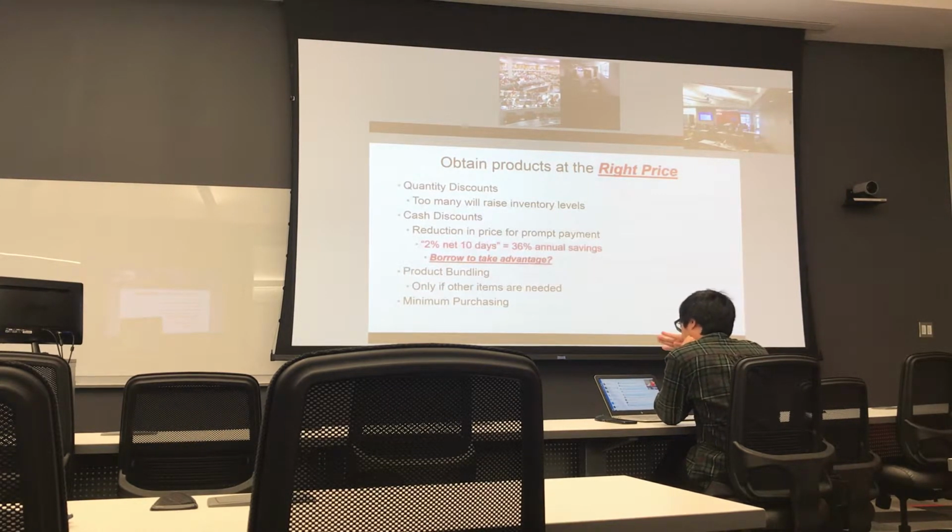That doesn't sound like a lot, 2%, but they say we normally give you a 30-day turnaround. Most of you see that on your credit card. You have 25 days to pay it, and that's the same thing with vendors. They say, pay us in 30 days, but if you get paid within 10 days and you cut the check really quickly, we'll give you 2%.